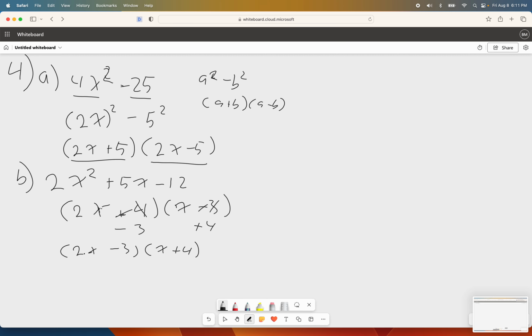Again, if we FOIL this out, which is really how you check, you'd end up with 2x squared, plus 8x minus 3x, and minus 12. And this right here is going to be 5x, and we get what we wanted.